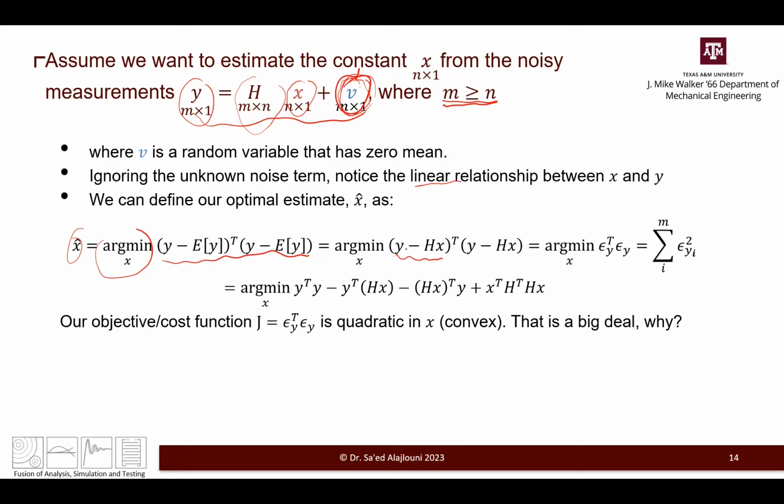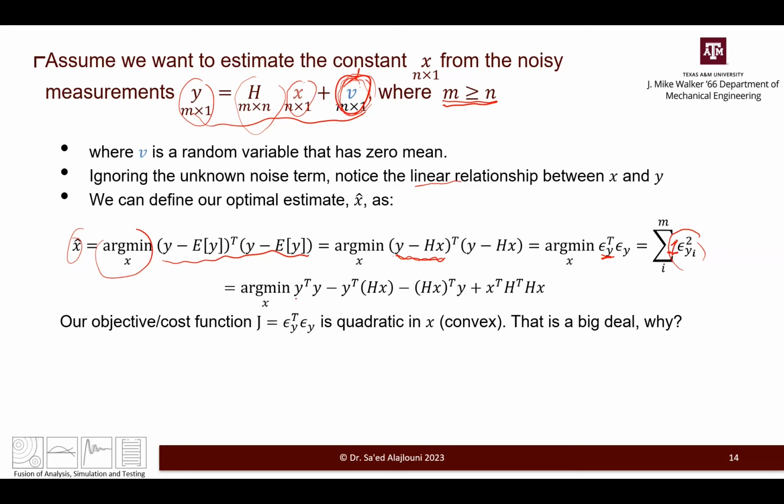I call it epsilon sub y. This is just the inner product of the error vector with itself. It eventually ends up being the sum of the squares of the elements in that error vector, and each element is weighted the same with a weight of 1.